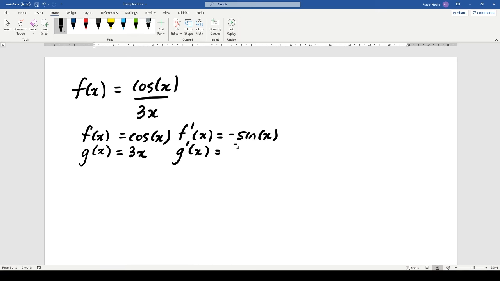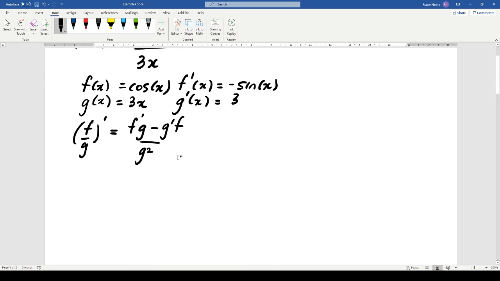So the derivative of f divided by g is equal to f dash times g minus g dash times f, all divided by g squared. So we can substitute these equations into this formula.